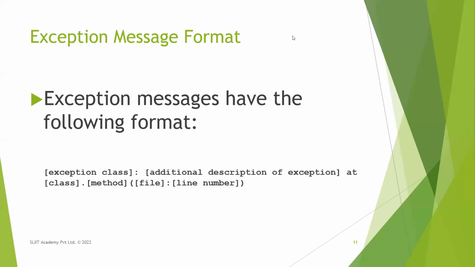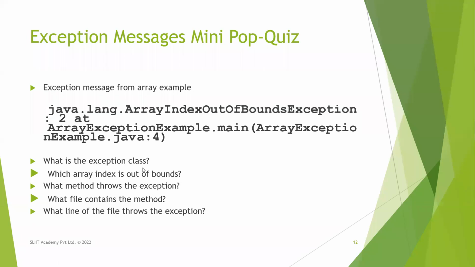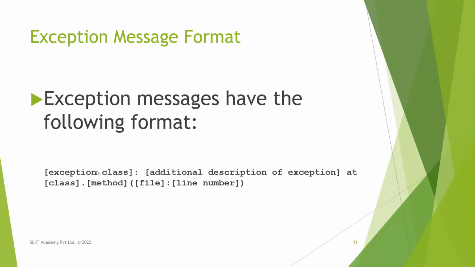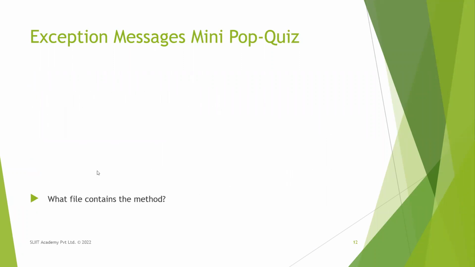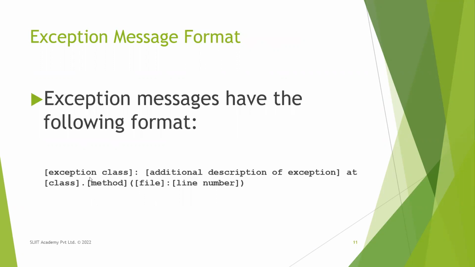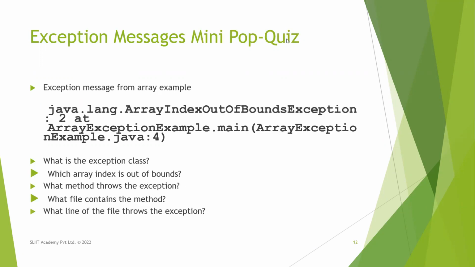There are four error messages that you need to decode. Look at the screen now. Look at the format: the exception class, the additional description, method name, file name, and the line number. You can see the colon sign and the at symbol. Now you get an exception like this. Try to decode this information.